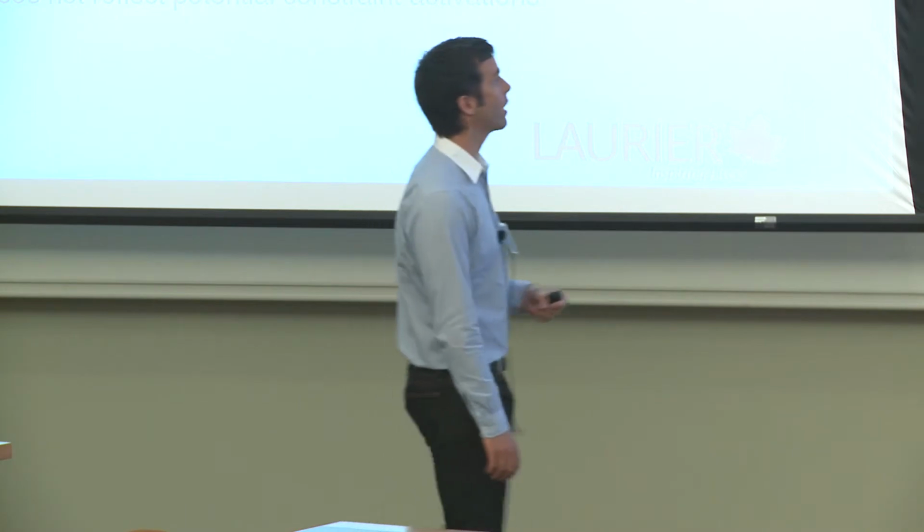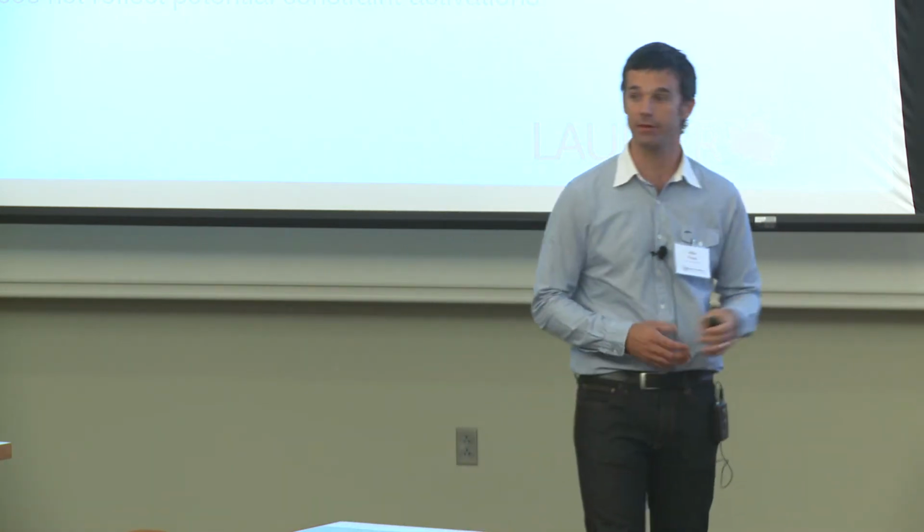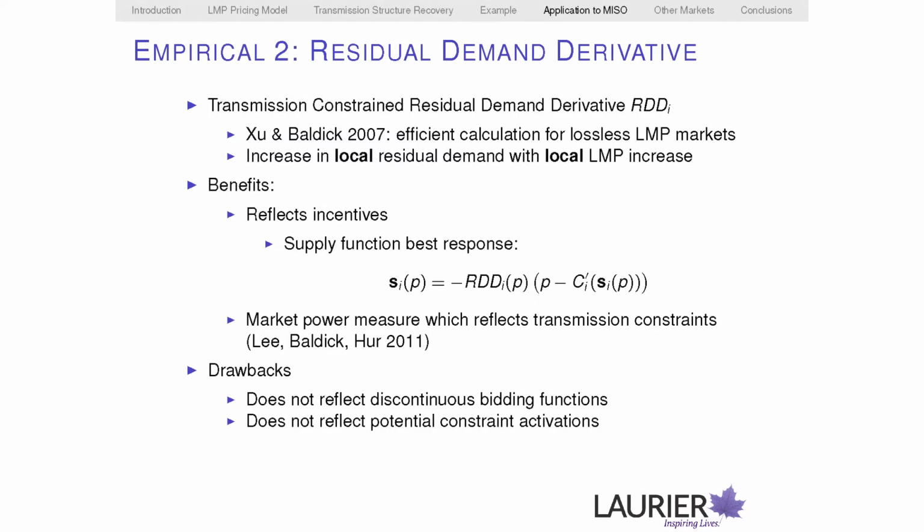In addition to this, we estimated the residual demand derivative. The residual demand derivative is a good reflection of the incentive of a particular player to shade their bid, to adjust their bid. This is the transmission-constrained residual demand derivative that can be calculated efficiently.